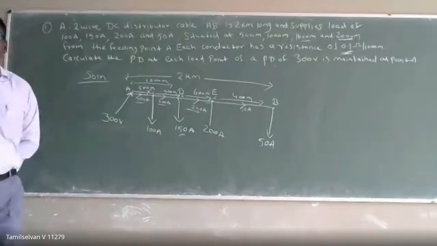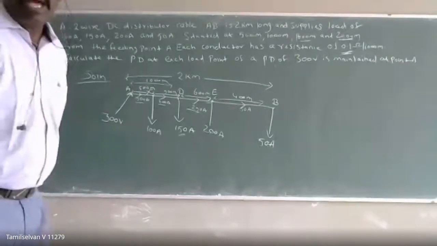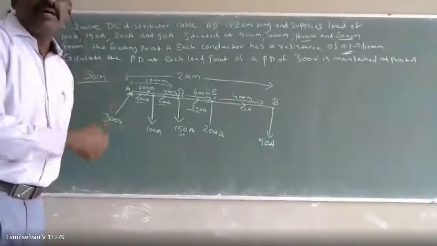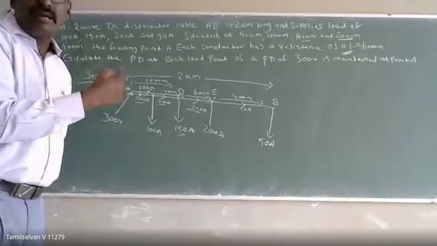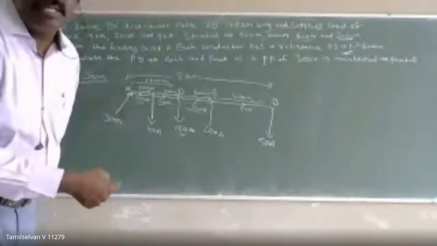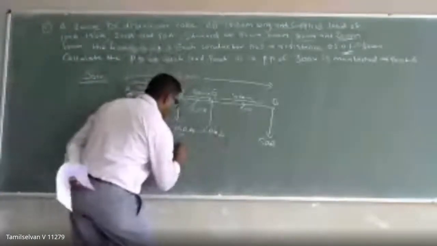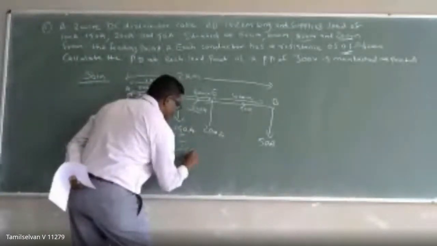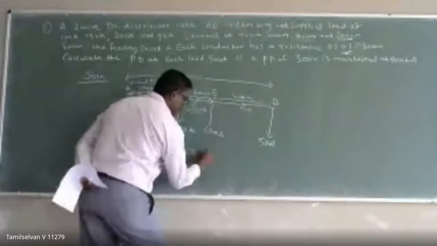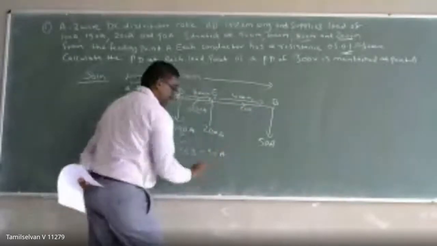If you want to calculate the current in each and every section, I can use Kirchhoff's current law by the backward method. The current in section EB will be equal to 50 ampere.